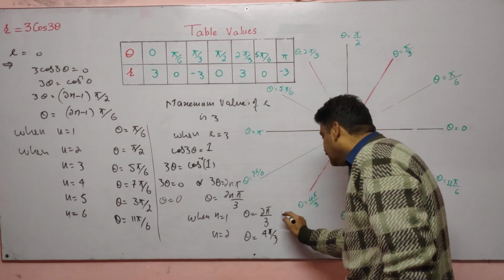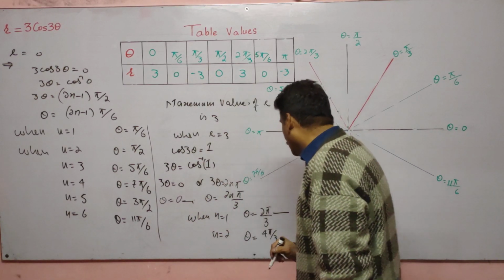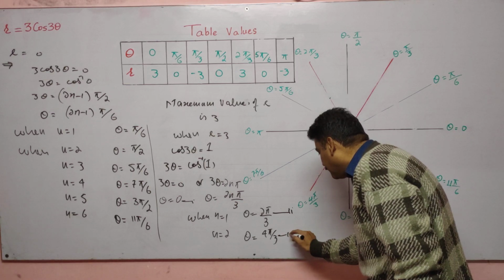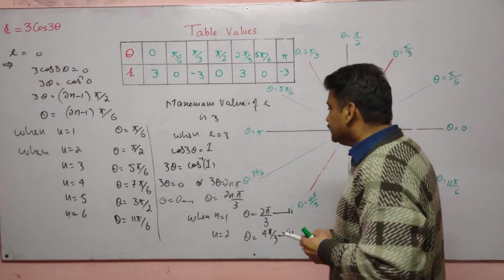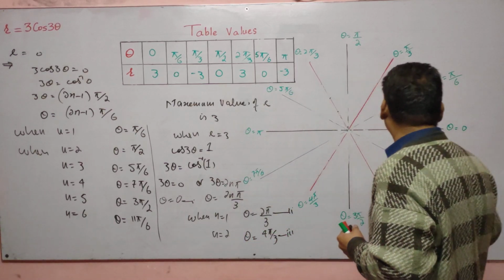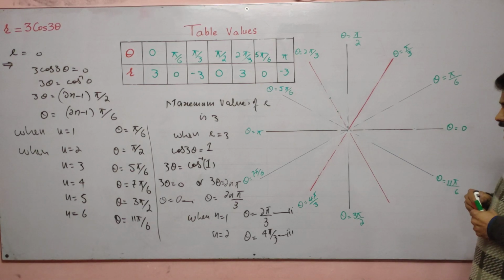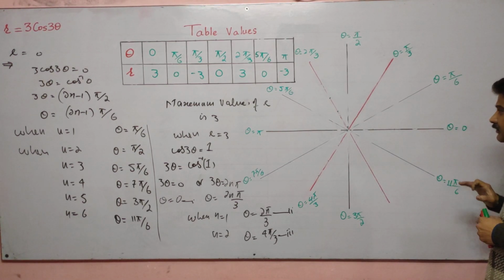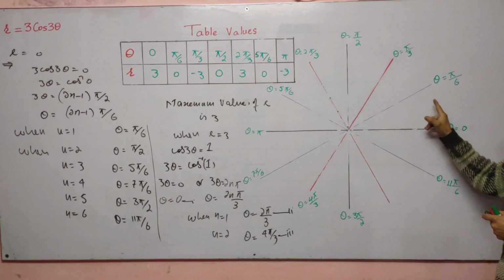These three lines are θ = 0, θ = 2π/3, and θ = 4π/3. θ = 0 is the initial line, and on this line the value of r will be maximum. In other words, a loop of the curve is formed on this line.